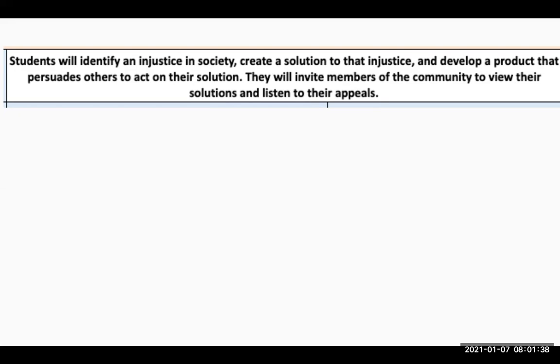They may be doing that at some point in this unit to build their product, but maybe they're going to do a social media campaign or an infographic or a commercial. They're going to take their writing and make it into an authentic product. And then they're going to invite members of their community to view their solutions and listen to their appeals. So they're going to have to orally present to an authentic audience. And I think if I were doing this this year, I would have people zooming in, of course, right? And that can happen in future years as well.